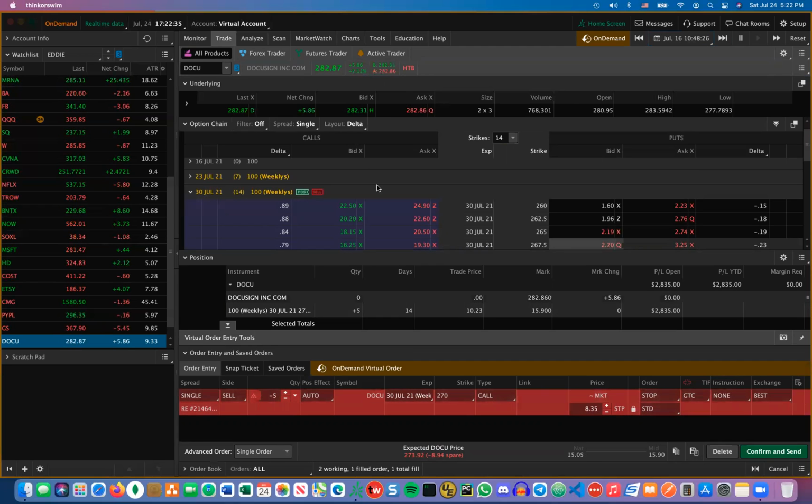Well, right now the price is 282, so I probably want to increase this to about maybe 270 or even 280 or 279, give or take. So I'm just going to simply move this, and if you notice, the expected price here is also increasing. You know what, I'm just going to do 10 to see what that would be.